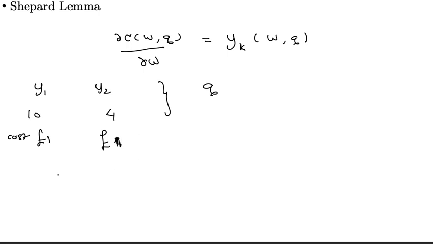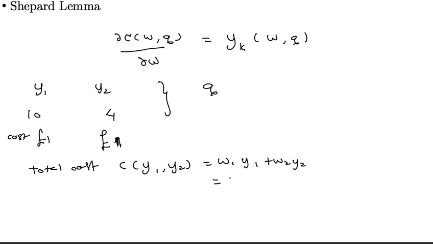So the total cost for this firm is a function of input Y1 and input Y2, in general W1 Y1 plus W2 Y2. In this case, W1 is 1 quid and Y1 is 10, W2 is also 1 quid and the quantity for input 2, Y2, is 4. So the total here is 14.